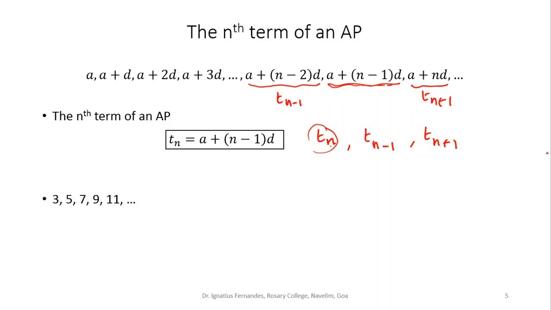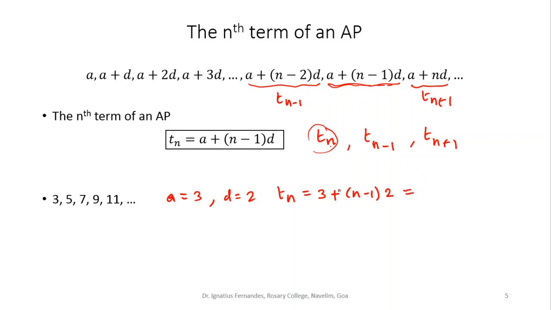Let's say for example, I have this arithmetic progression. Now what is the first term here? It is 3 and the common difference here is 2. So if I have to write down the nth term here, the nth term is equal to A, that is 3, plus n minus 1 into D. D here is 2.